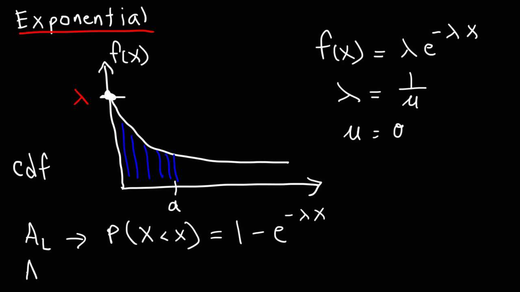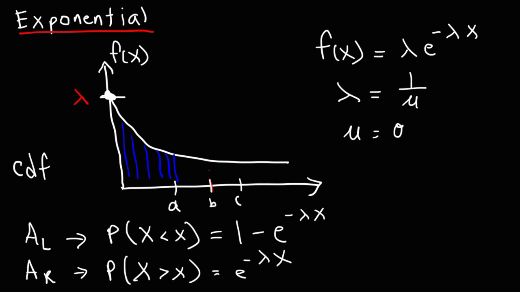If you wish to calculate the area to the right, which is the probability that x is greater than x, this is going to be e to the negative lambda times x. Now let's say you want to calculate the probability that x is between b and c.